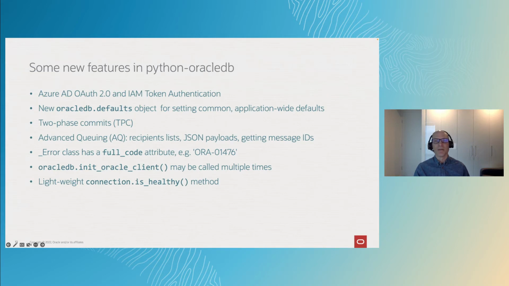So the new AQ API is supported, but the old AQ API is not, either in thick mode or thin mode. But many other previously deprecated features still work for the moment, giving you an upgrade path which is relatively smooth. Remember, python-oracledb is just the upgrade from cx_Oracle.